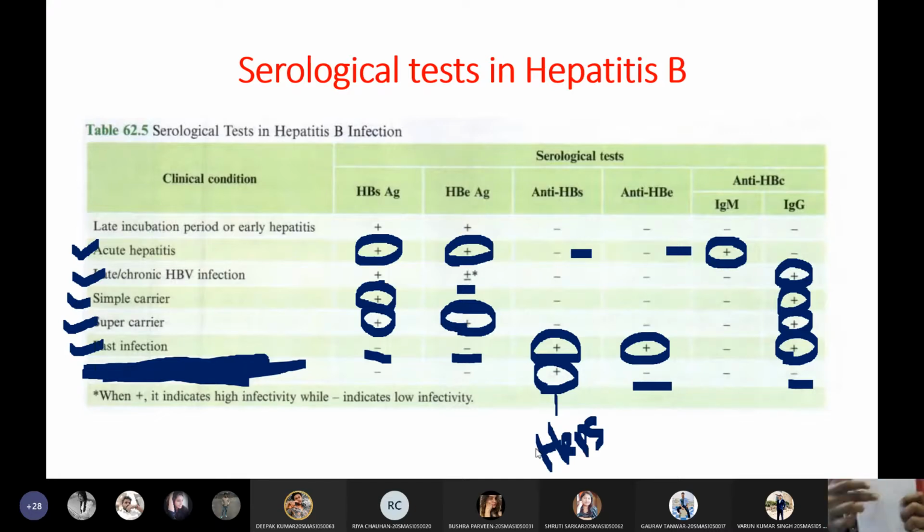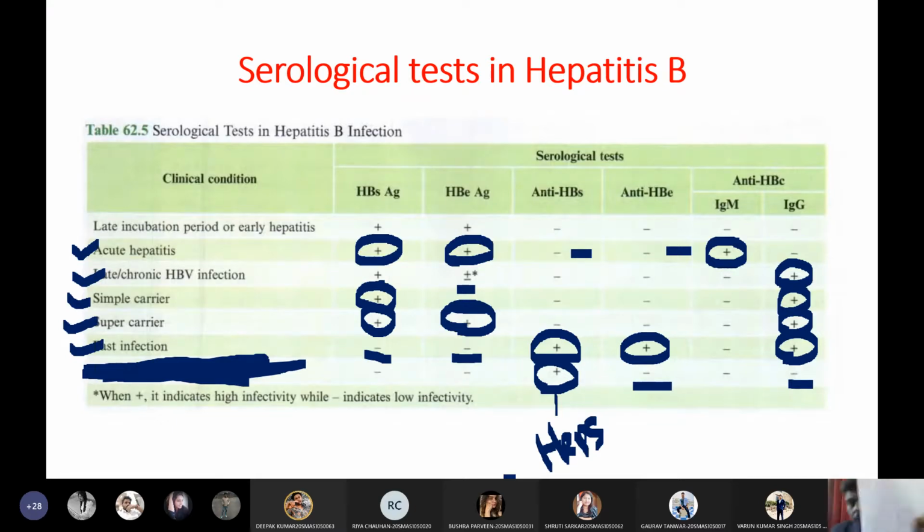It will have a simple strip, and in this strip they keep antigens. They keep three antigens: hepatitis B surface antigen, hepatitis B core antigen, and hepatitis B envelope antigen. And they will also keep three more indicating the antibodies.